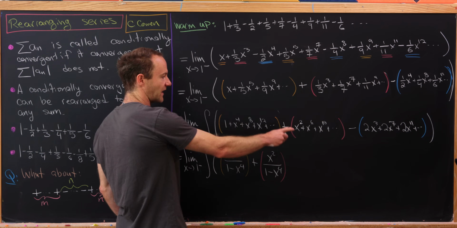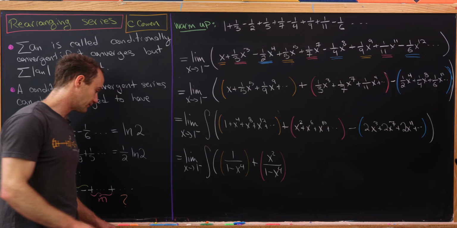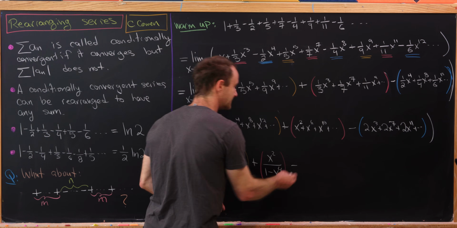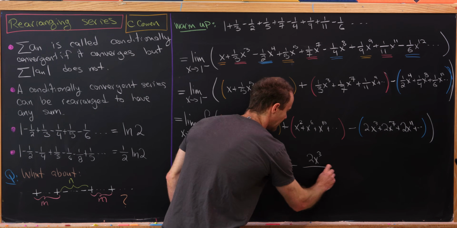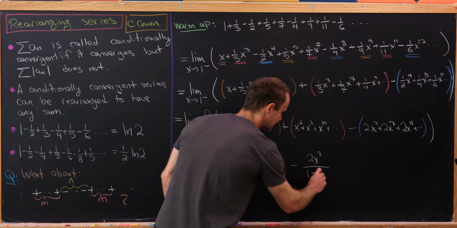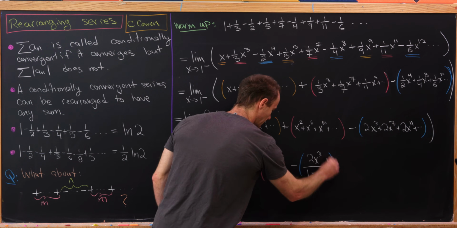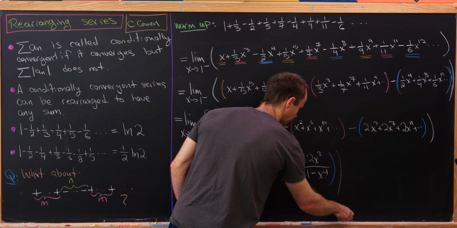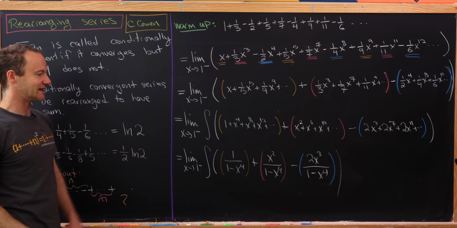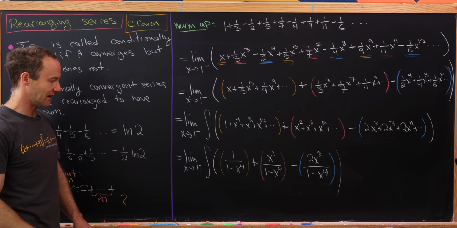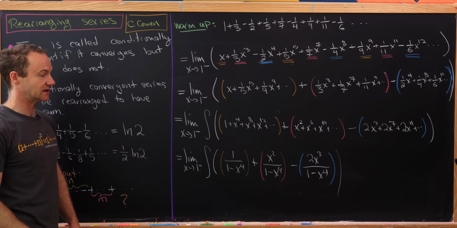Okay, and then finally that geometric series happening in blue will be subtracted. So my starting term there is 2x cubed, and then my common ratio is x to the 4th again. So that's over 1 minus x to the 4th. Okay, so that's the kind of situation that I have right here. I need to take the antiderivative of that object and then take its limit.